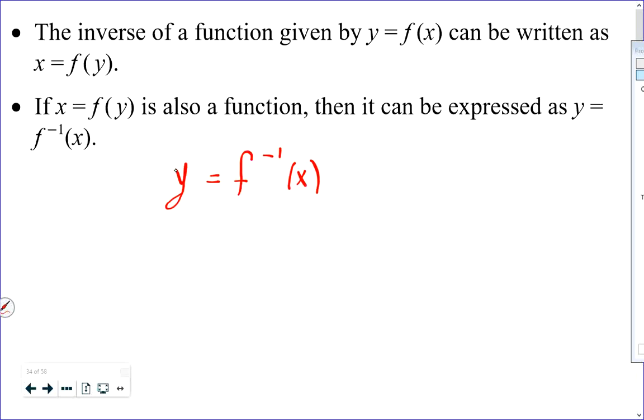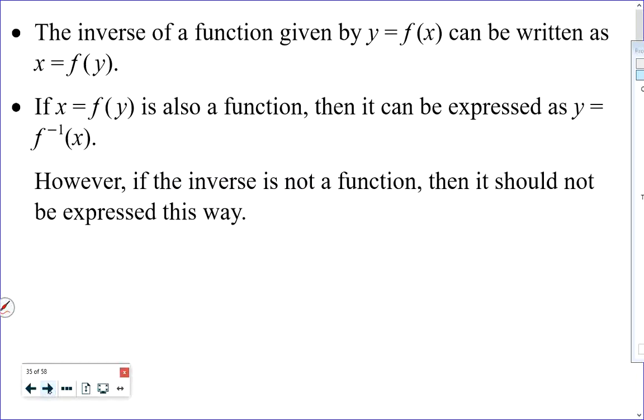It says sine and it has that -1, which we call the inverse sine. So sometimes in math we use that -1 kind of in a superscript position to mean inverse. If the inverse is a function, you can label it like this, but if it's not, then you cannot. Okay?